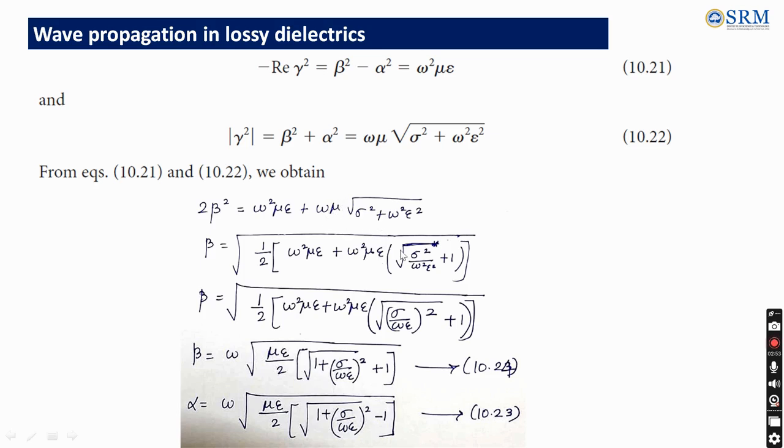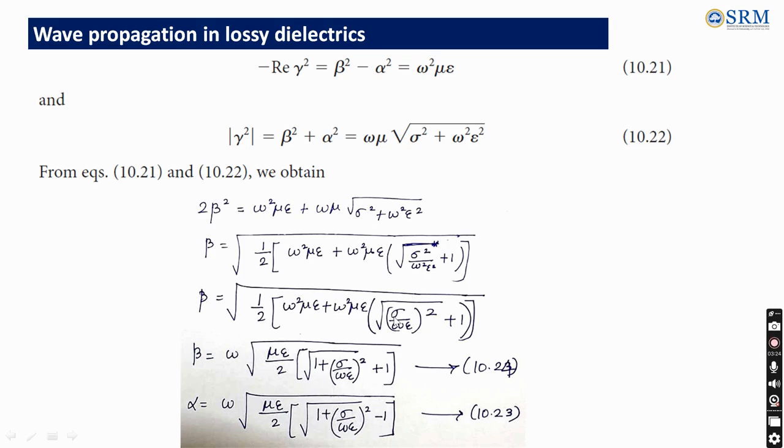This entire term, I am replacing only the second term. I'm going to make the inner part 1 plus sigma by omega epsilon the whole square. For that, I should take omega epsilon outside. If I take it outside this root, omega square epsilon I have taken out.